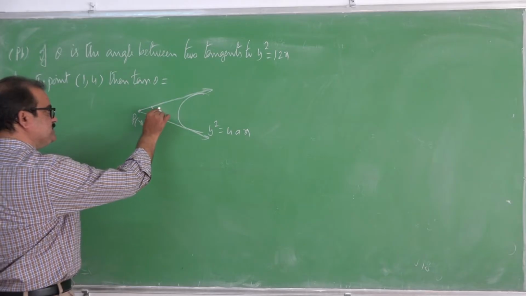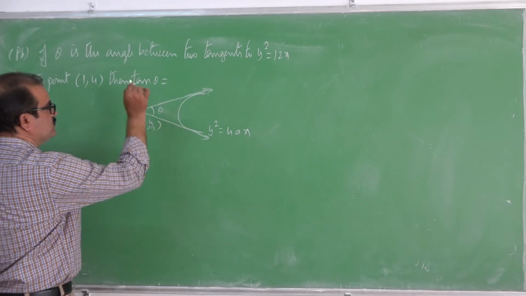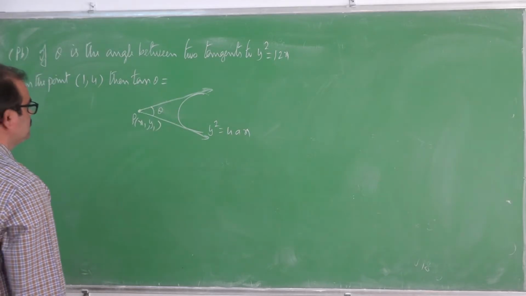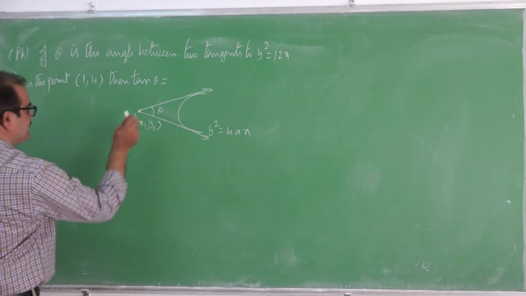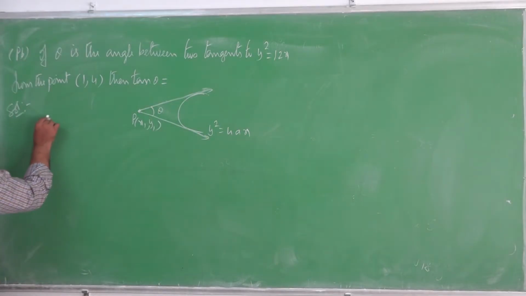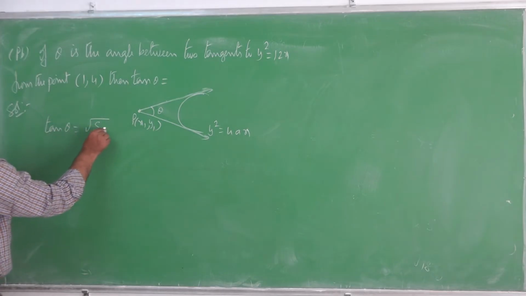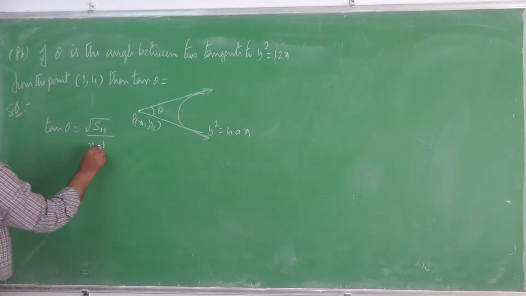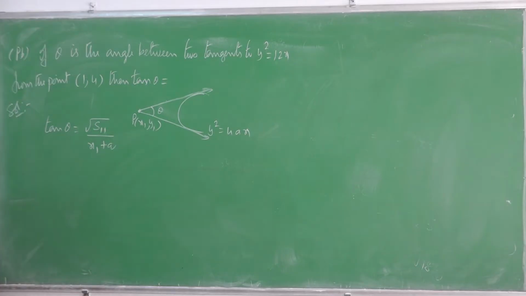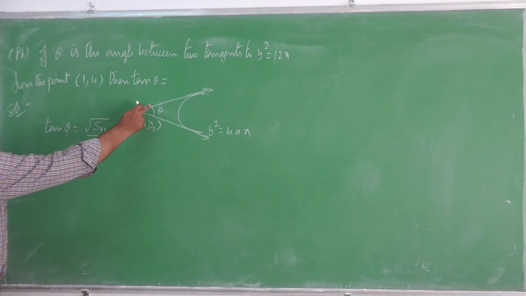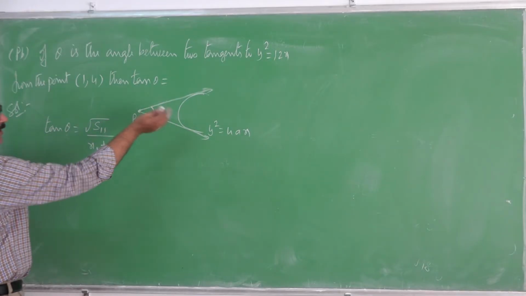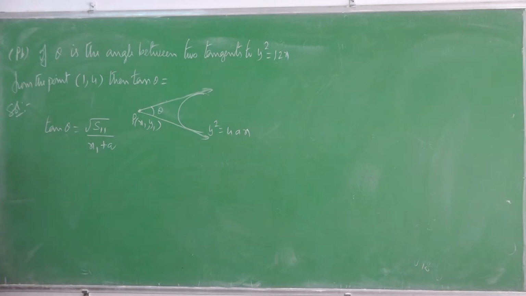If theta is the angle between these two tangents, then to find the angle theta, we use the formula tan theta is equal to root of S11 by x1 plus a. This is the formula to find the angle between two tangents from an external point to the parabola.